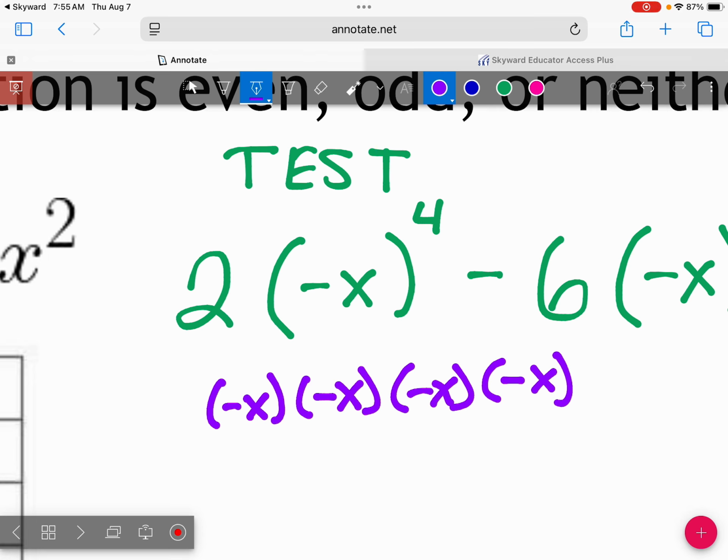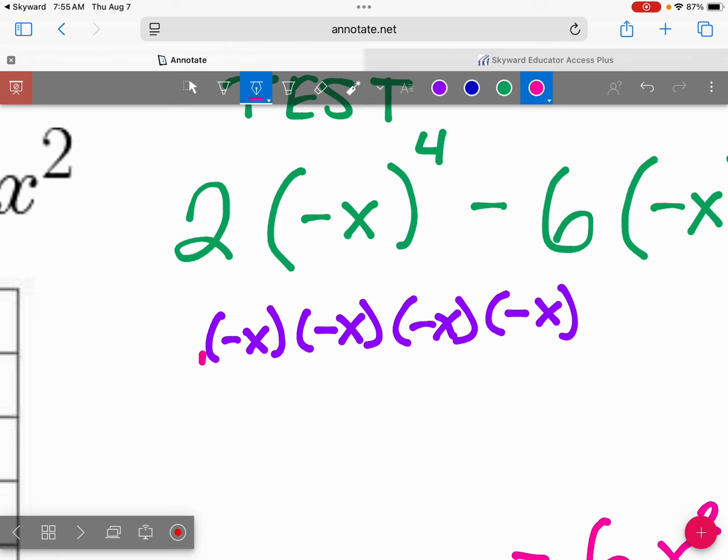Well, we just said that if I did two of them, that's going to be positive. And then I have another two of them, so that's going to be positive. So if I have a positive and a positive, what are we going to have? It's a positive times a positive. We know this is going to be a positive x squared, and we know this is going to be a positive x squared. What's positive x squared times positive x squared?